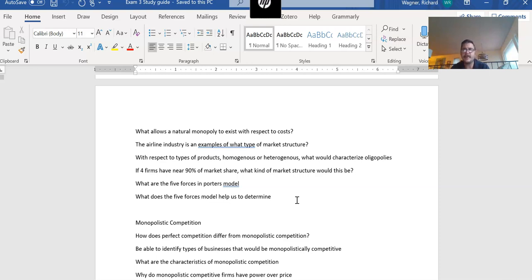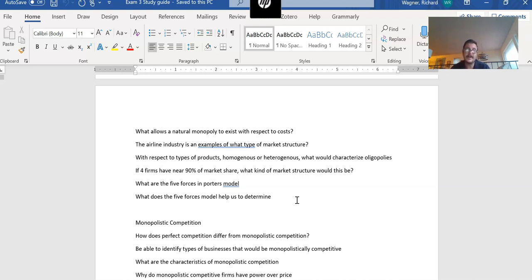So a natural monopoly has economies of scale. They have so much potential output that it allows them to have lower cost. Think about it like a utility company, which has some economies of scale there.